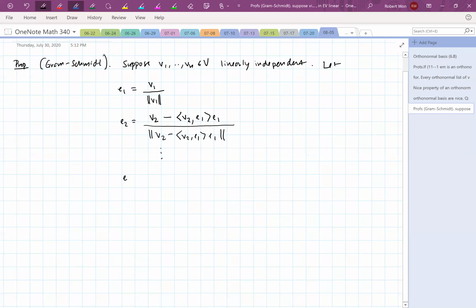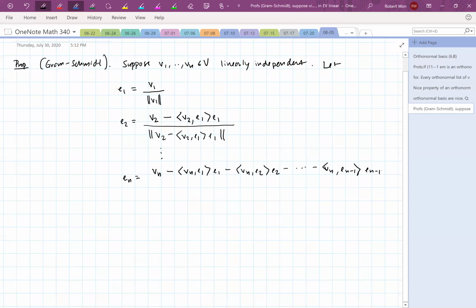And the last vector is, again, what you do is you take the kth vector in your list, in this case, the last one. And then you just subtract off the inner product of Vn with every vector on the list times that vector on the list. What you've done is you've taken Vn, you inner product with all the previous ones you've had already.